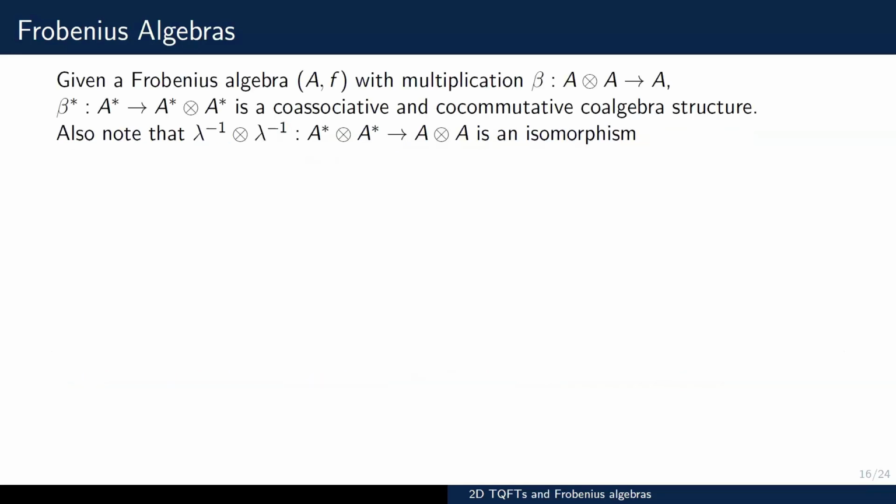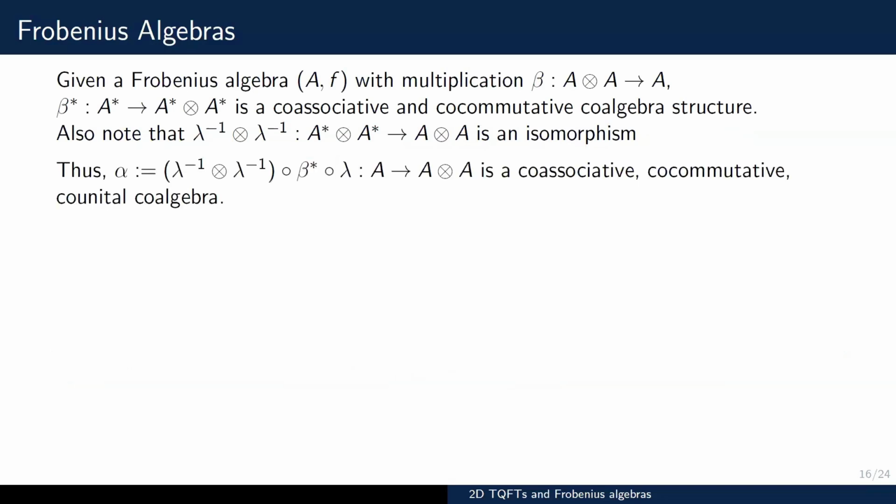So we can construct an isomorphism between A star tensor A star and A tensor A. What this does basically is it defines a coalgebra structure on A. Thus, a Frobenius algebra is an associative, commutative, and unital algebra, and also a co-associative, co-commutative, co-unital coalgebra.